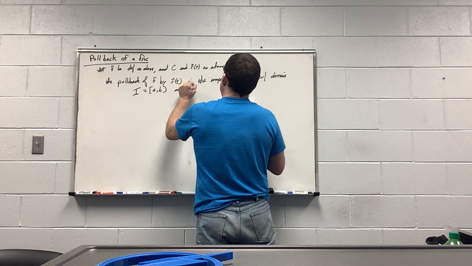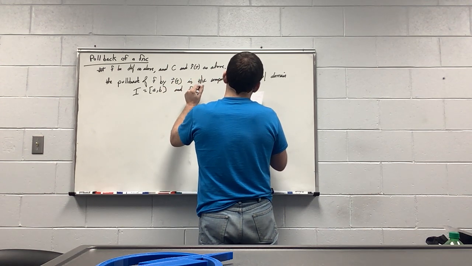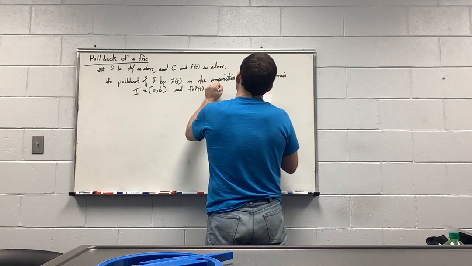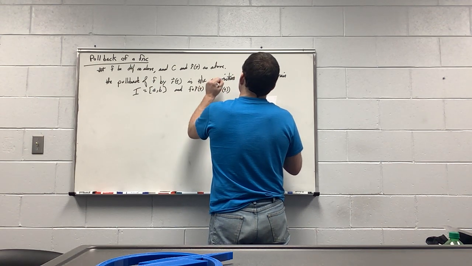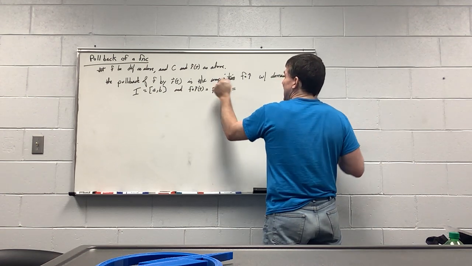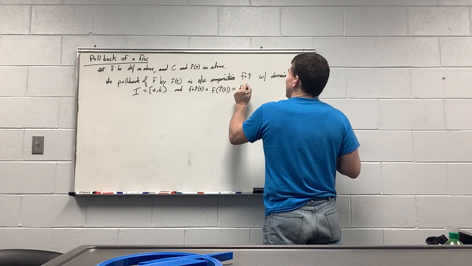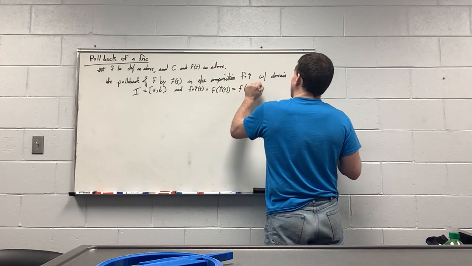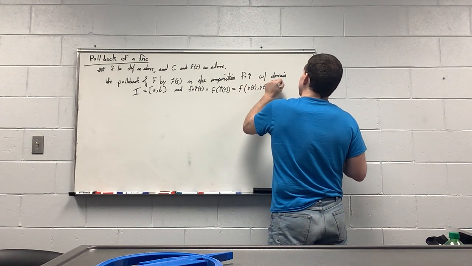And not surprisingly, f composed with R of t is just my regular composition, f of R of t, which in this case, since I know R of t is my parametrization, just means f of x of t, y of t, z of t.